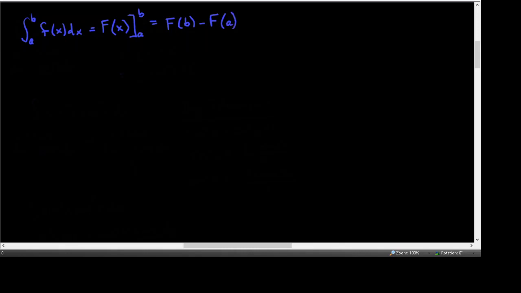But all of that hinges on the fact that we need to be able to find an antiderivative of f, called capital F. And sometimes that is impossible. You may not be able to find an antiderivative for some function.